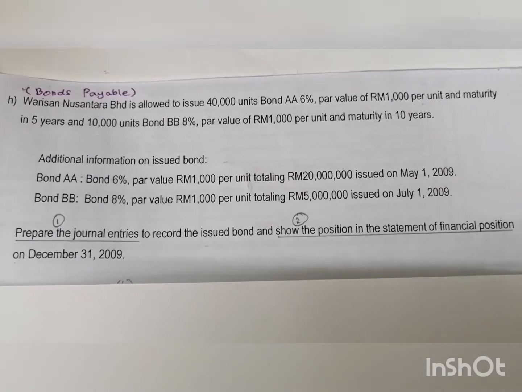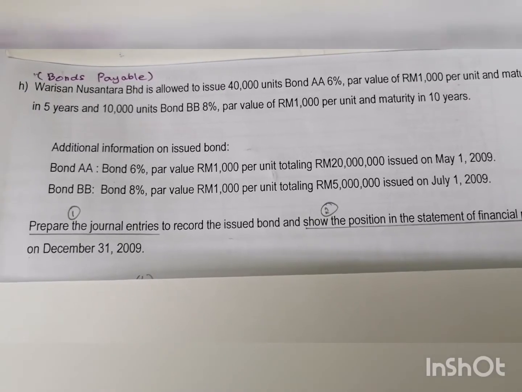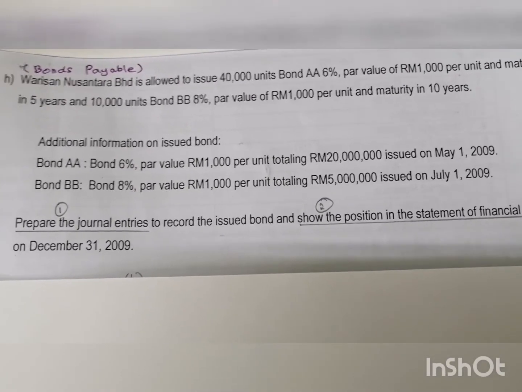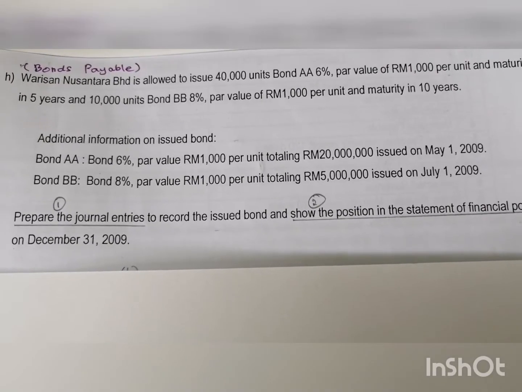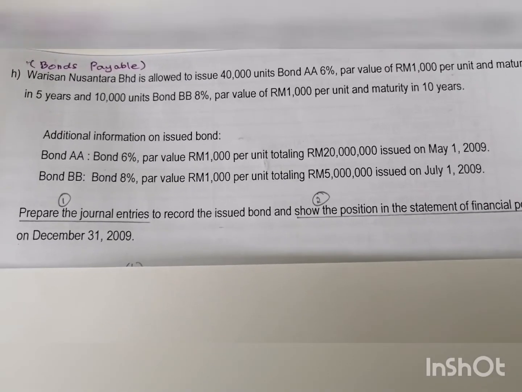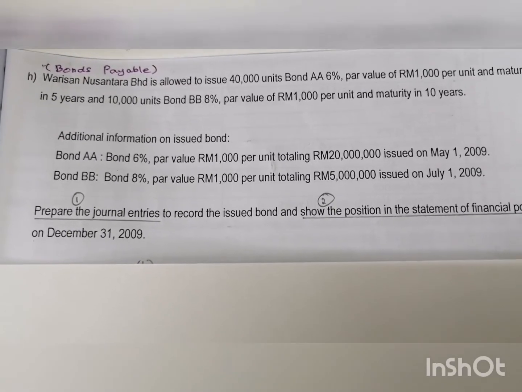Additional information: bond AA is 6%, par value 1,000 per unit, totaling 20 million, issued on May 1st, 2009.